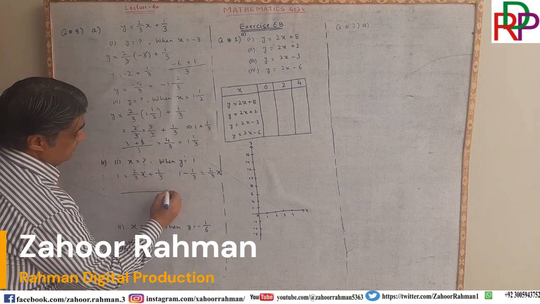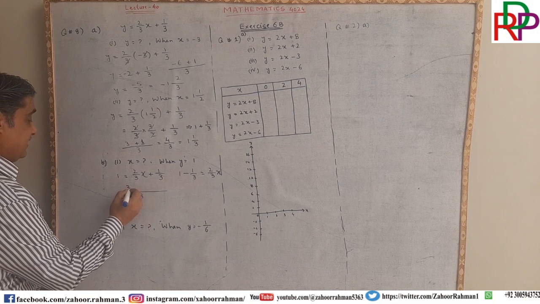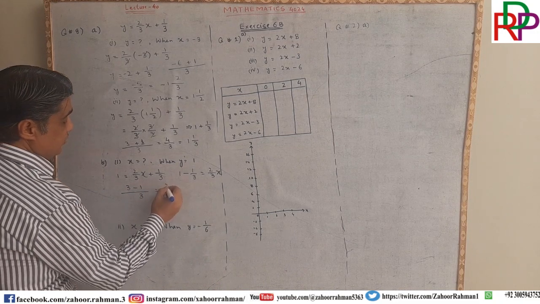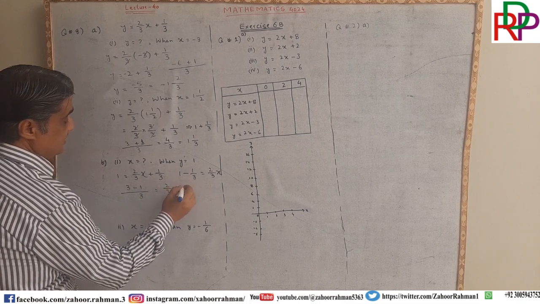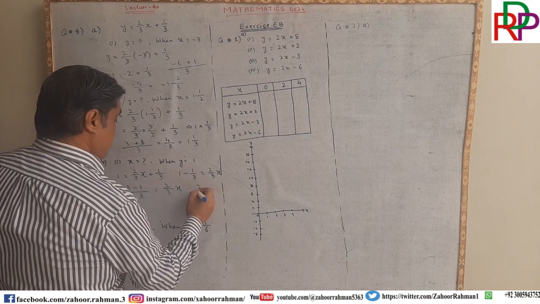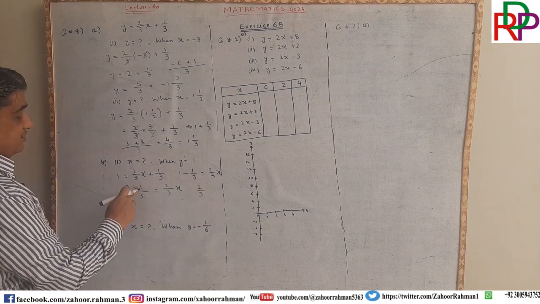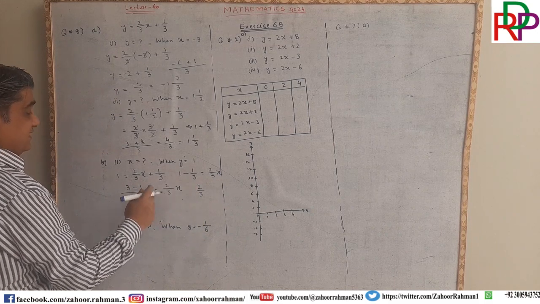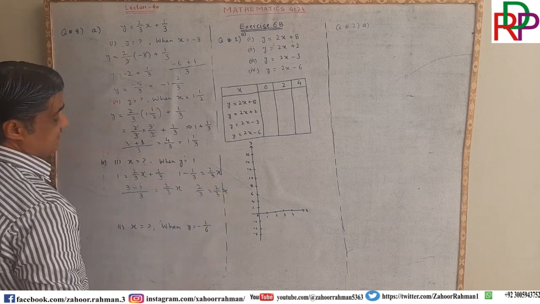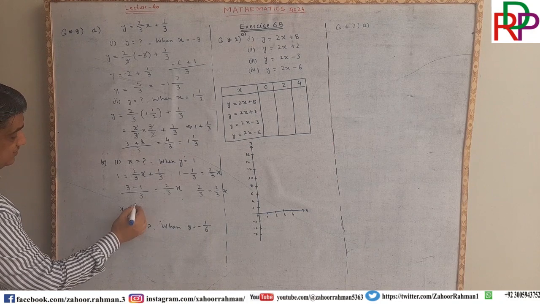Here, ladies and gentlemen, we have to take 3 as the LCM, and that will be 3 minus 1, and this will be 2 over 3x. So it means that 2 over 3, from here 3 minus 1 is 2, and this 3 is equal to 2 over 3x.